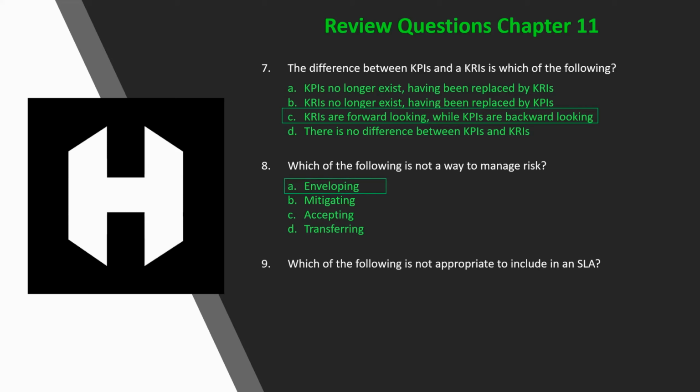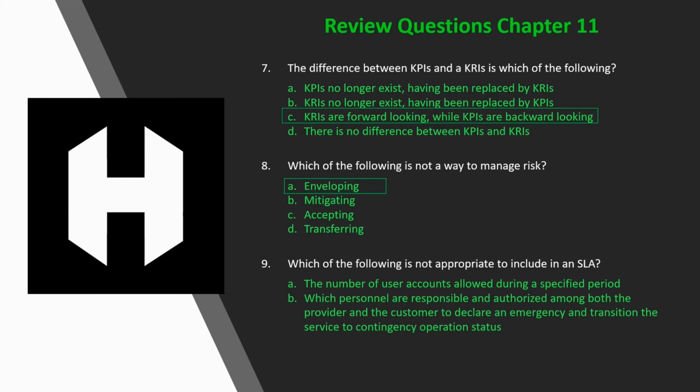Question 9. Which of the following is not appropriate to include in a SLA? A, the number of user accounts allowed during a specific period. B, which personnel are responsible and authorized among both the provider and the customer to declare an emergency and transition the service to contingency operation status.